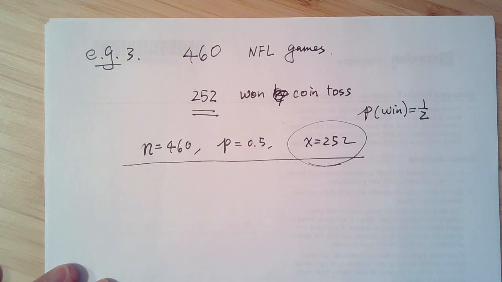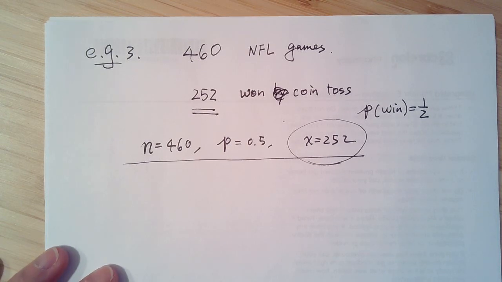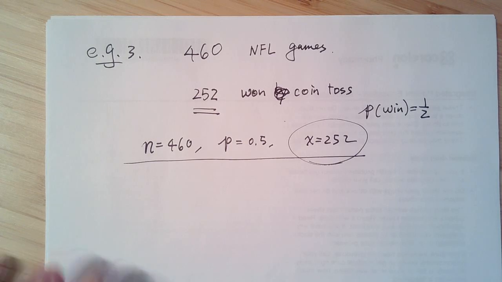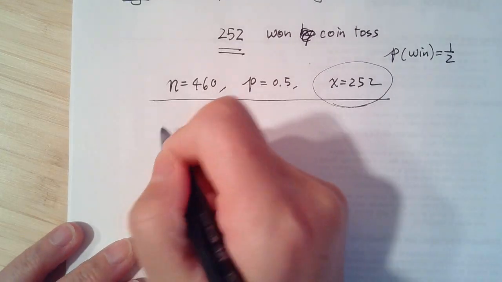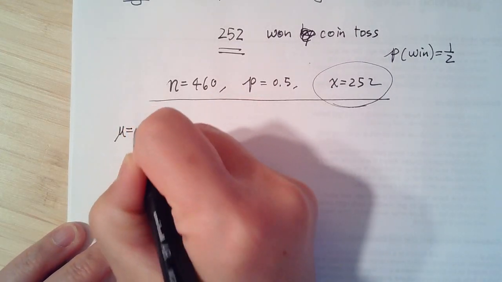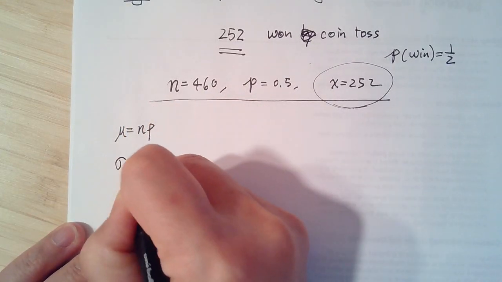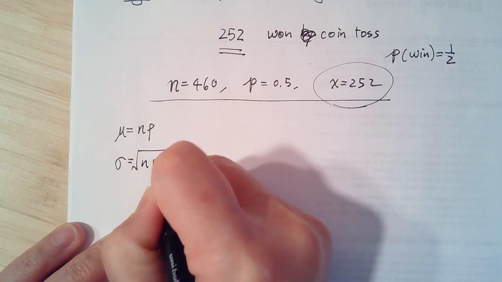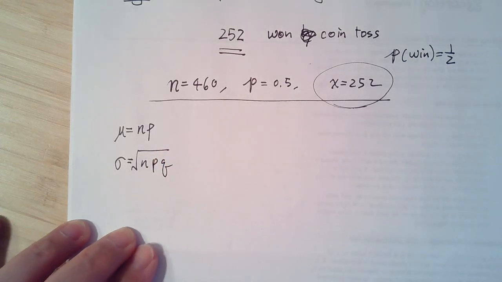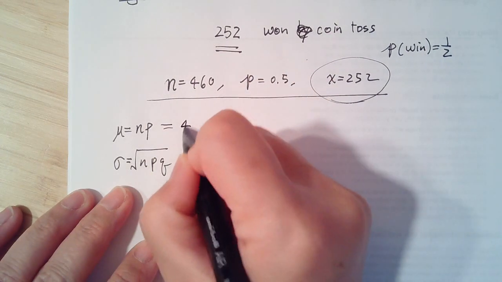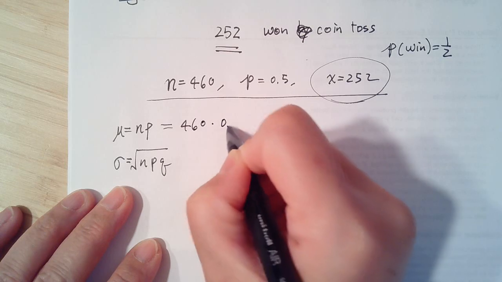In order to do that, we need to get a mean, a standard deviation, and then the mean plus or minus 2 standard deviations. By formula, mu is np, sigma is the square root of npq. So mu will be 460 times 0.5, which is half.